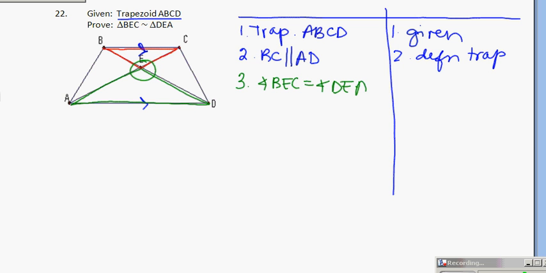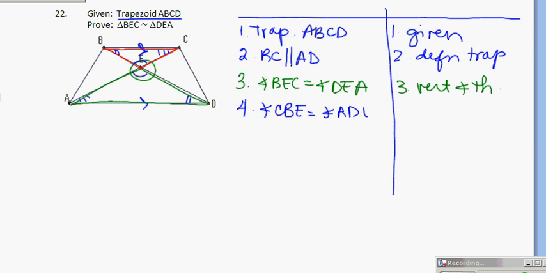So I'm going to say that angle BEC is equal to angle DEA by the vertical angle theorem. I have parallel lines, which means I have alternate interior angles. I can use either set. I can either use this one and that one, or that one and that one, but I only need one pair.